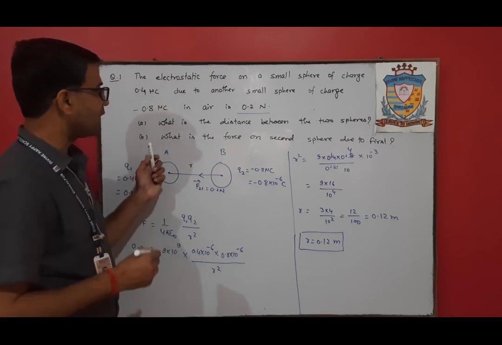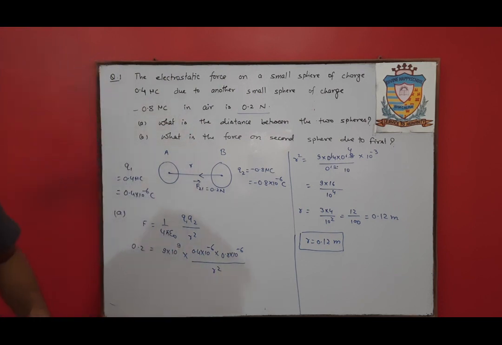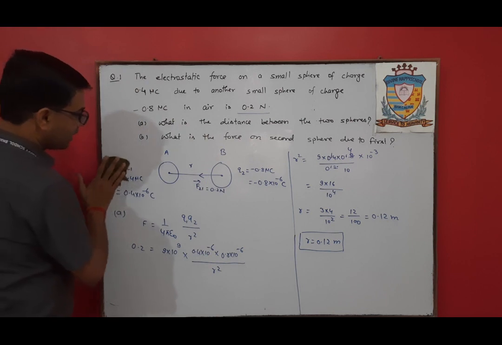In the next part we will find out what is the force on the second sphere due to the first. For that, first we will discuss some basic concepts, then we will find out the force.